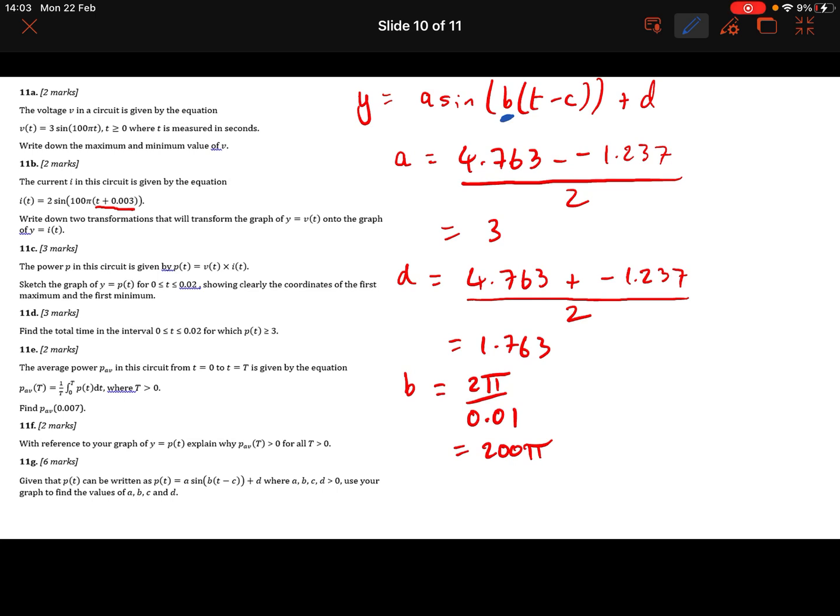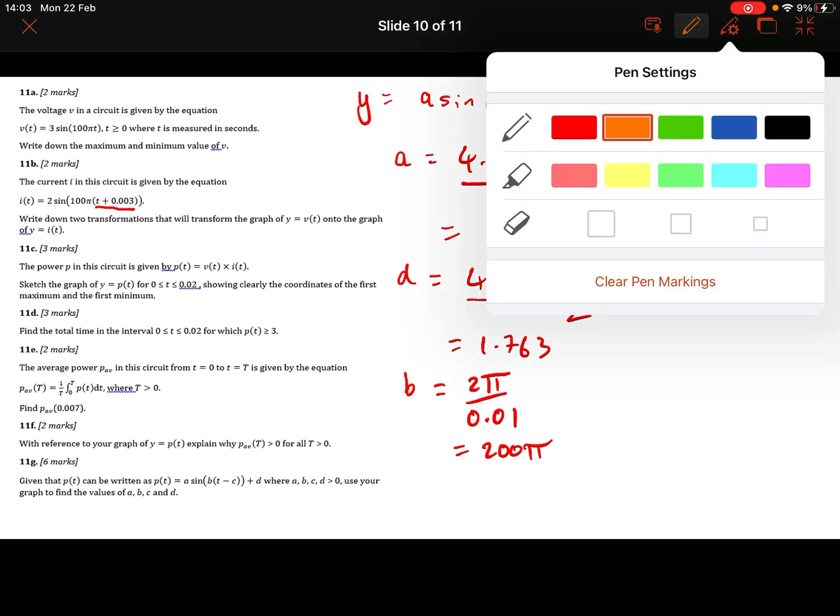Now we know A, D and B, so I can now write my equation as y is equal to 3 sine of 200 pi times t minus c plus 1.763. Sorry, I ran out of room there.